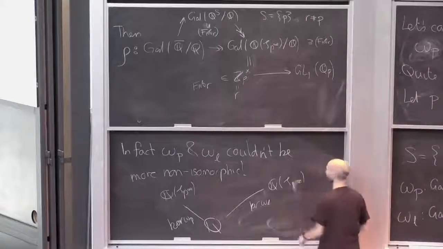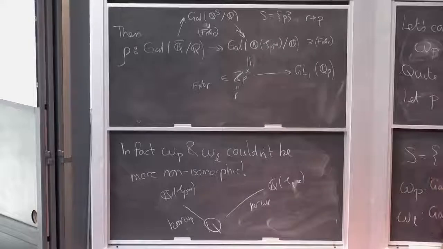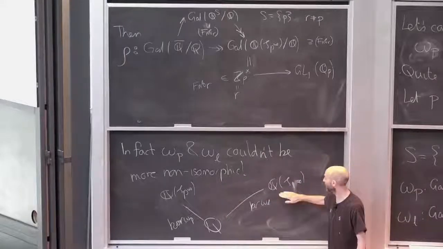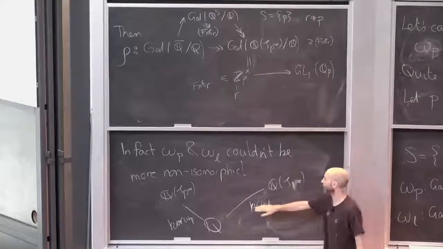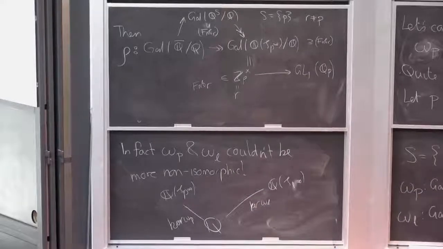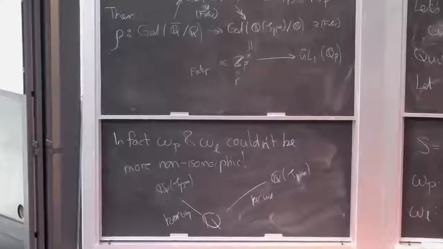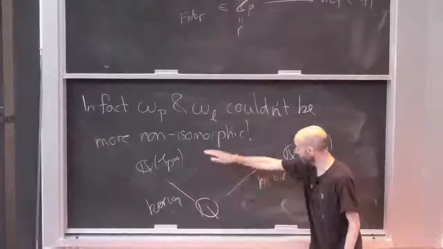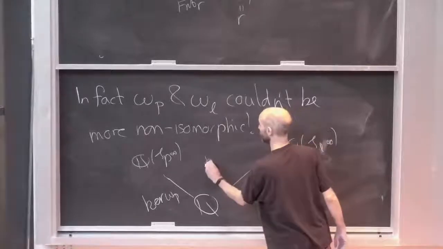So what's going on here is something really mysterious. Brauer-Nesbitt says that a representation to GL_n of Q_p is determined by its trace, but this crazy example shows that you can have two completely different representations, to GL_n of Q_p and GL_n of Q_L, and they might look like they've got the same traces, but they're not isomorphic at all. These extensions are not the same extension. These are totally disjoint.